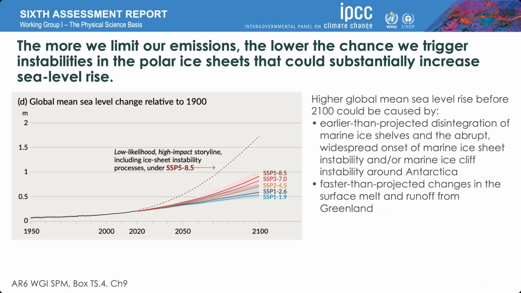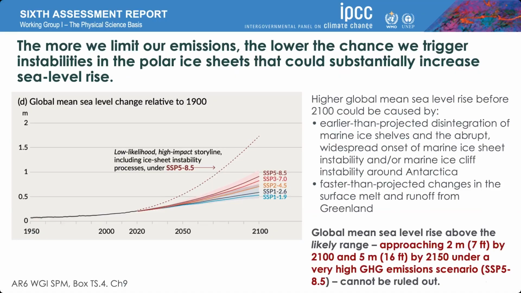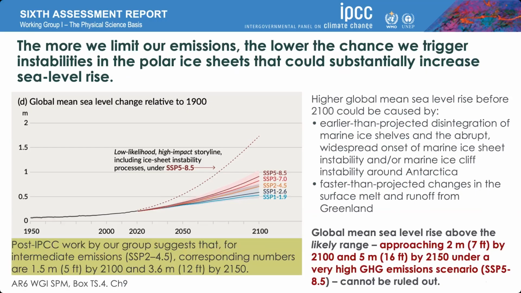It can also be caused by faster than projected changes in the surface melt and runoff from the Greenland ice sheet. And the Sixth Assessment Report concluded that global mean sea level rise well above the likely range, approaching 2 meters by 2100 and 5 meters by 2150 under a very high greenhouse gas emission scenario, cannot be ruled out.